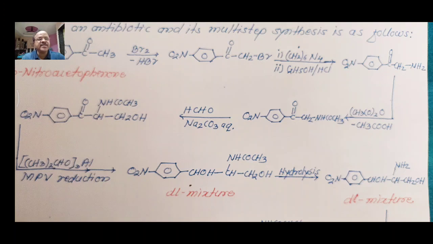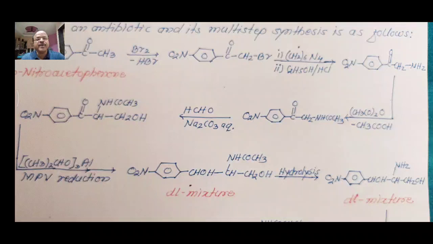So in acetylated compound, CH2NHCOCH3 group is there, but after reaction with formaldehyde and sodium carbonate, we are getting the product in which one hydrogen from CH2 group is replaced by CH2OH group. So the remaining structure is one and the same.